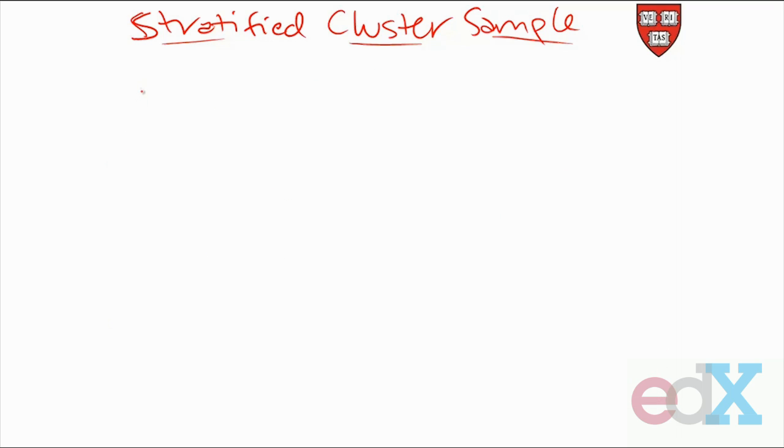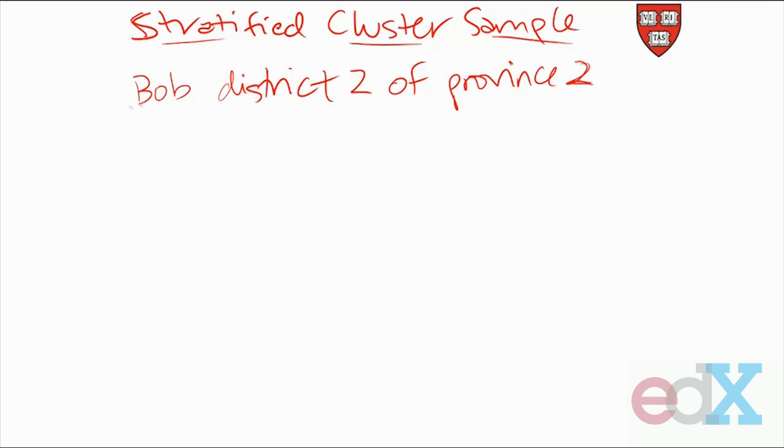To think about it, I think the easiest logic to use is an example. Consider a guy, Bob, who lives in District 2 of Province 2. Bob's just a random guy. What's the probability that Bob gets included in our survey? The first thing that needs to happen is District 2 has to be included in our survey.